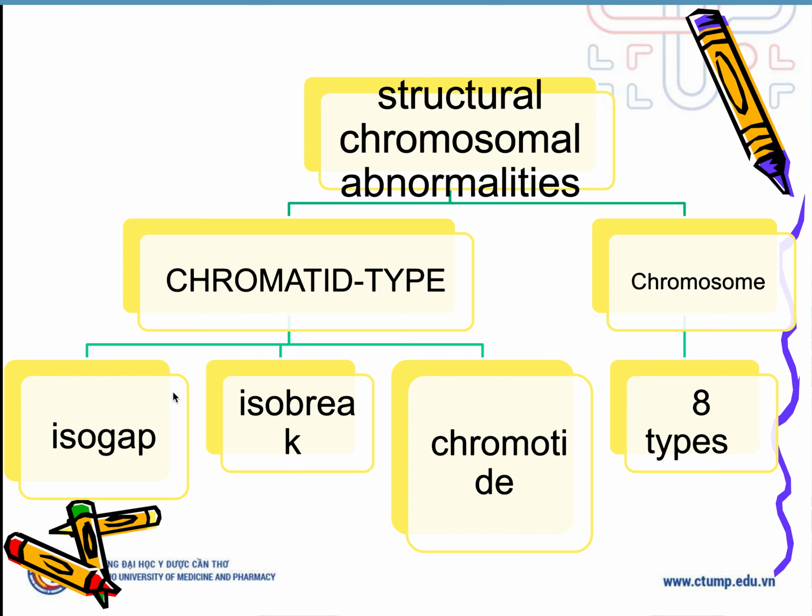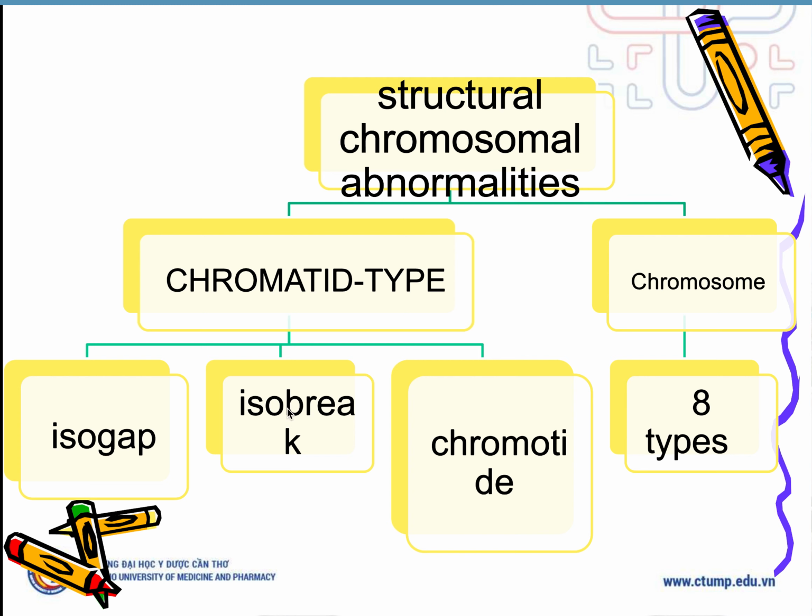For example, the first one we call isogap. That means for a duplicated chromosome, a segment of one chromatid does not take up the stain when the chromosome is stained. They are lacking the color on just one segment of one chromatid, and so they call it isogap.